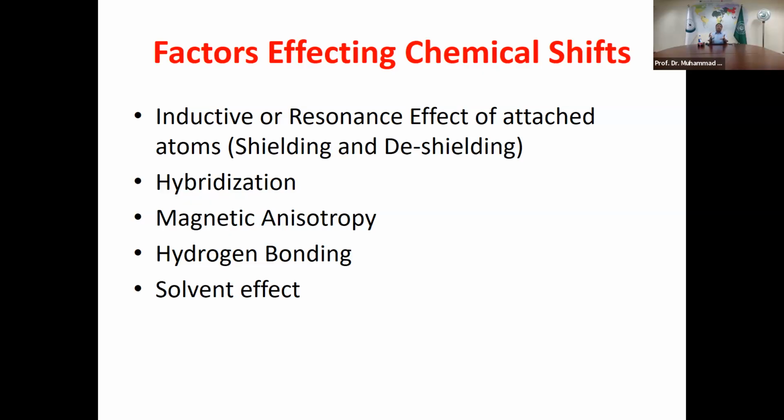Solvent effect: if you have a more polar solvent, the chemical shift will also be affected. There are many more, but these are the five most important factors which affect the chemical shift of protons, and even for carbons, any element which you are trying to detect, the chemical shift of that particular element will be affected because of these factors. Okay.